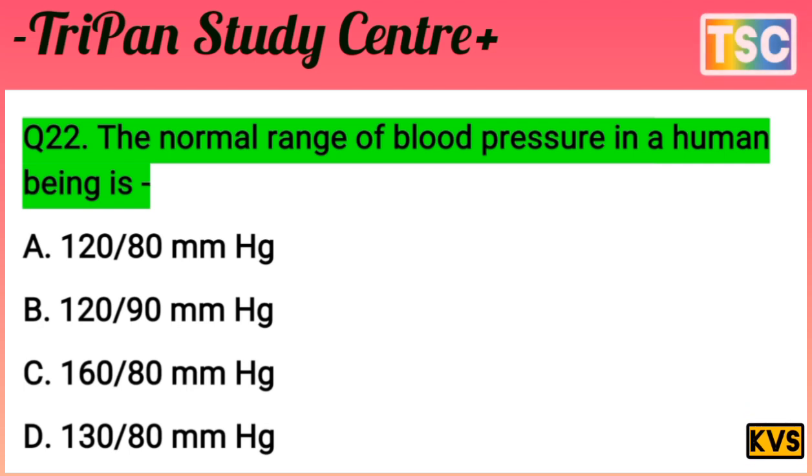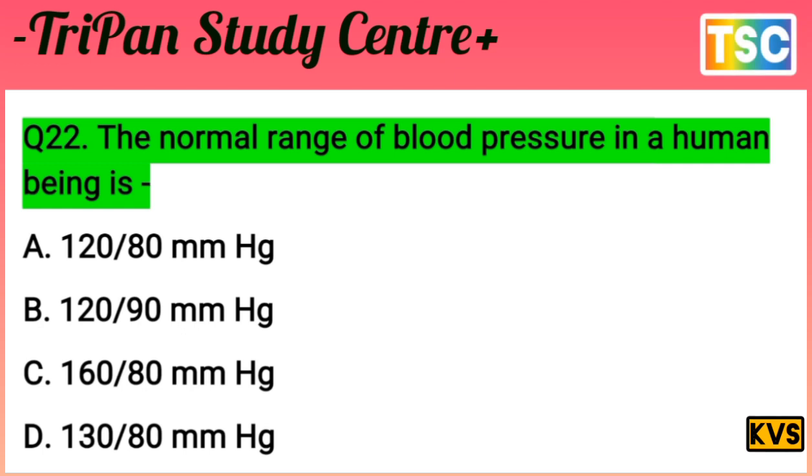If the blood pressure result fits into this range, we have to be strict with heart healthy habits like a balanced diet and exercise. So option A, 120 upon 80 mmHg, is correct for the normal range of blood pressure of a human being.